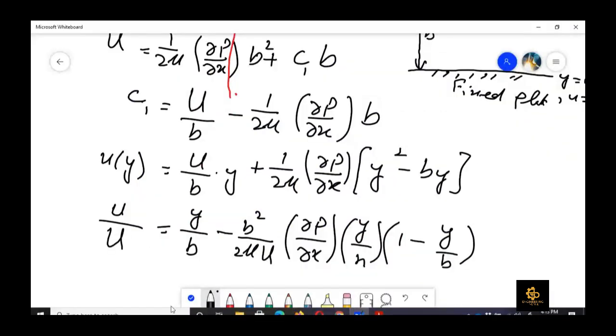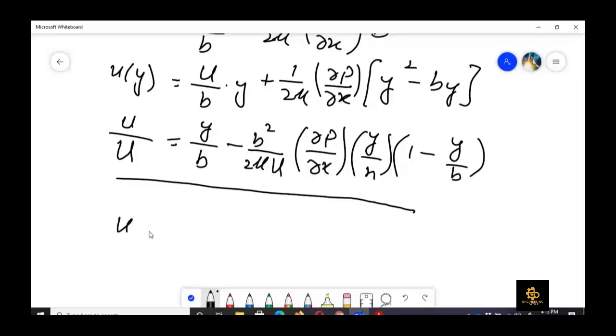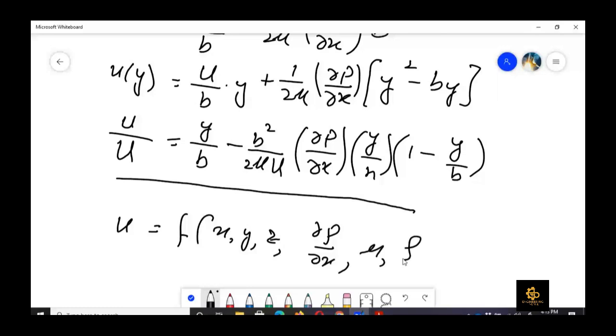Second thing, now let's suppose that we need to calculate the u value, and it is a function of x, y, z, then pressure gradient, then viscosity, then rho, then whatever other values. First of all, we write the functional form.